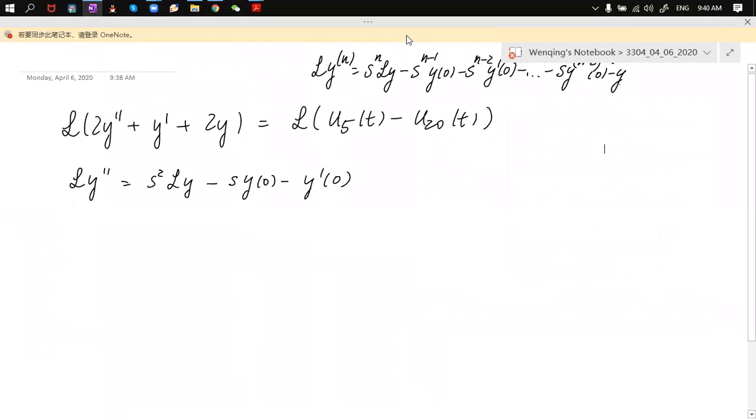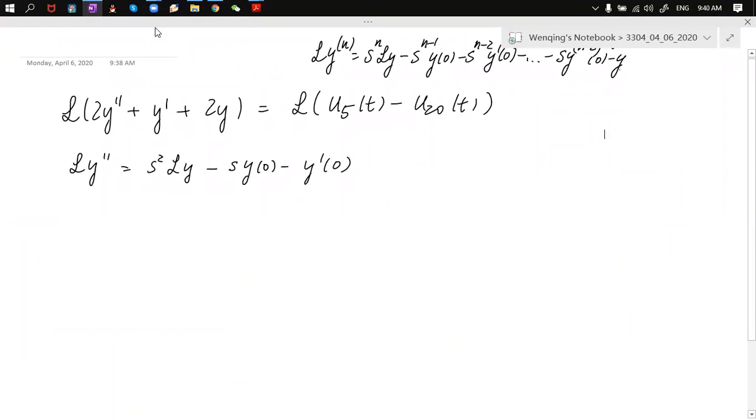Okay, so you have this. Once you have this, you can see that the Laplace transform of y prime is equal to s times the Laplace transform of y minus y of 0.